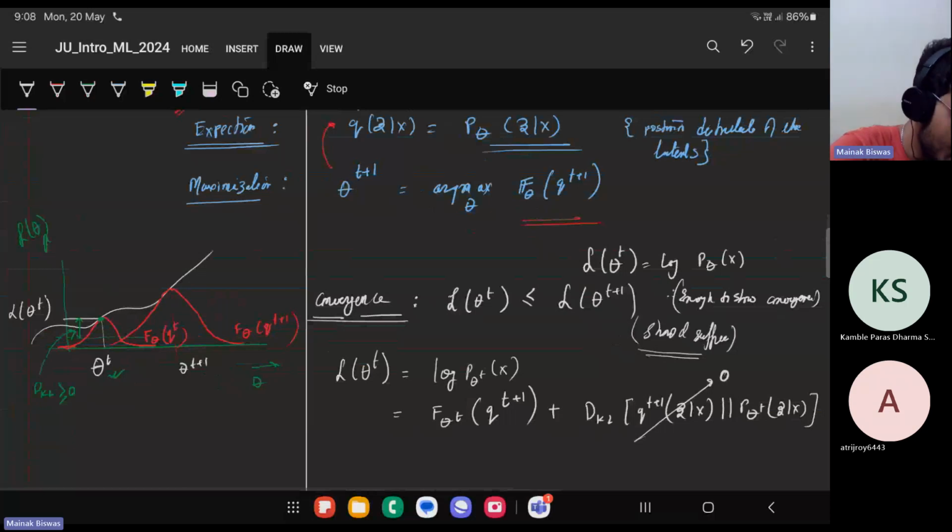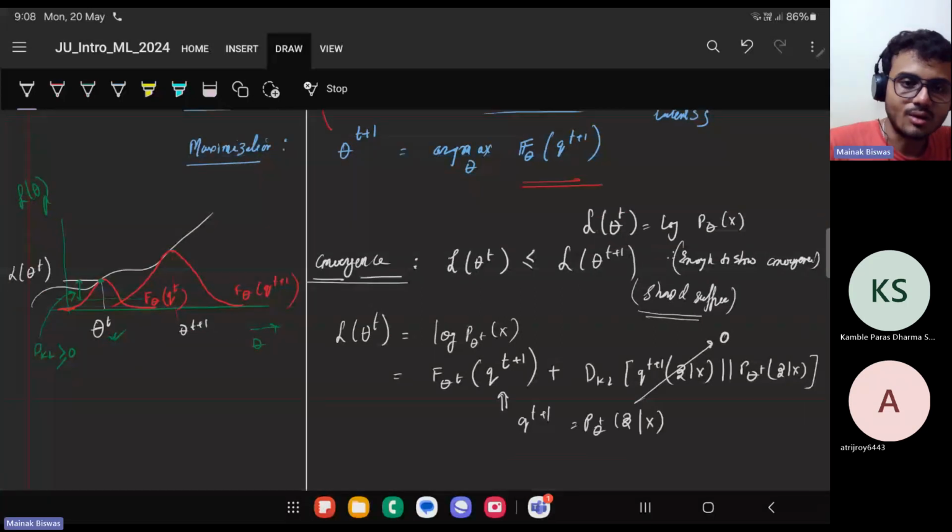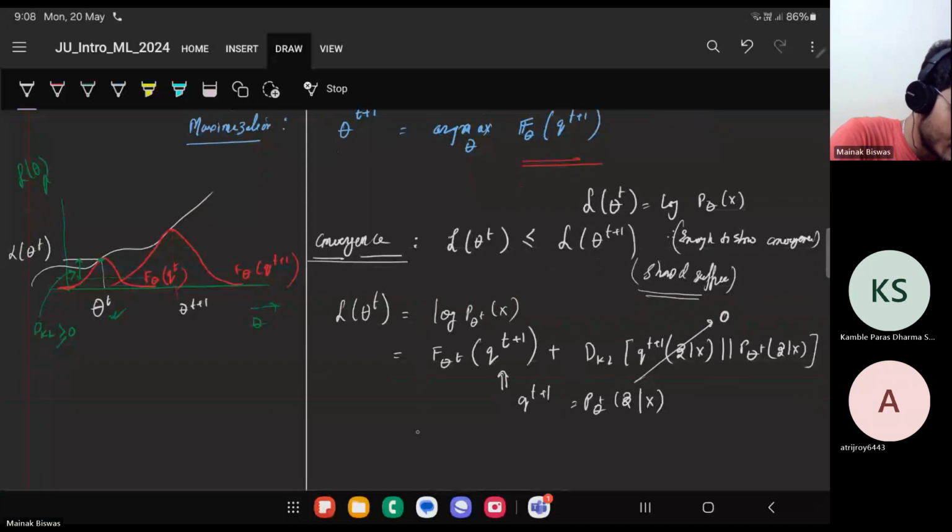Please note that there is a t there. This is how we have set it, right? So that the KL becomes 0. Now, do you agree? This is greater than or equal to what? F theta t plus 1 of q t plus 1.